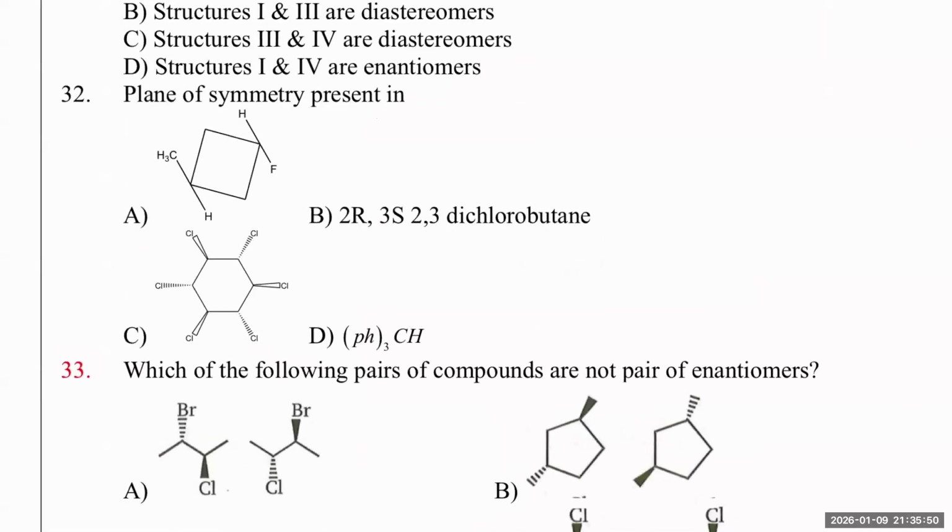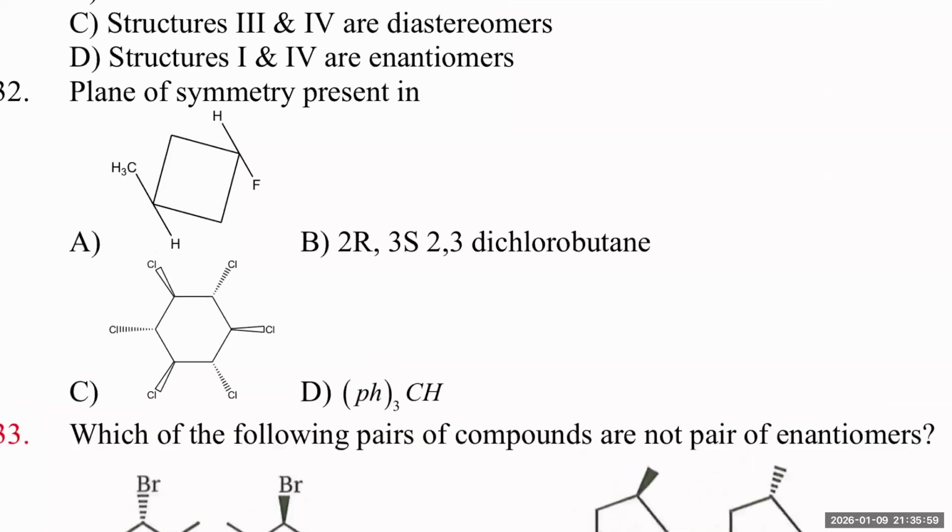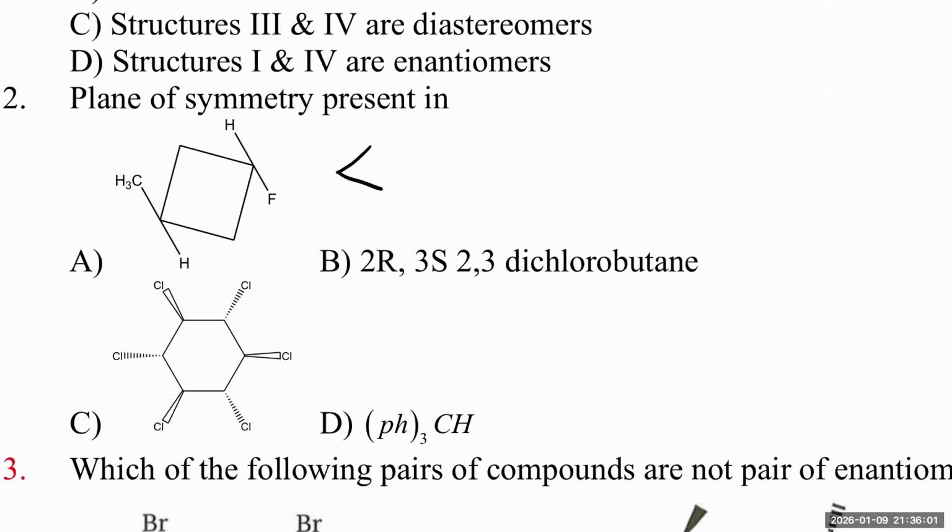Let's see the 32nd one. Plane of symmetry is present in which of the following in all of these cases? Let's see. The first case, I'll answer it here itself. You have H and fluorine here and methyl and hydrogen here.